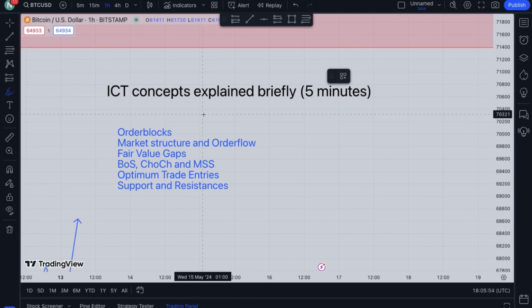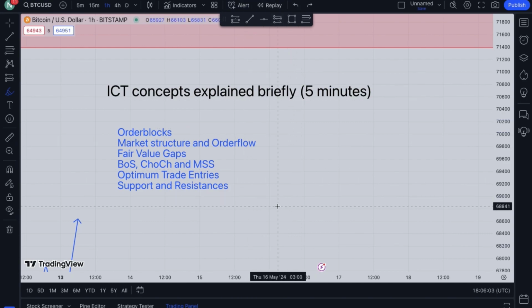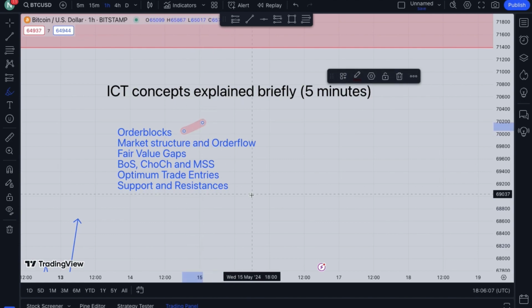I've gone through most of the videos, and what I'm aiming to do in this upcoming playlist is basically explain the concepts of ICT. So when we take order blocks, I'm going to try and explain order blocks in a very simple manner, under 5 minutes or slightly over. When we take market structure and order flow, we are going to look at that also. We look at fair value gaps, break of structure, change of character, and then market structure shift.